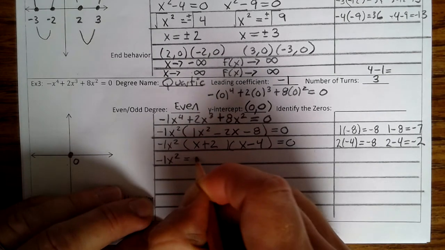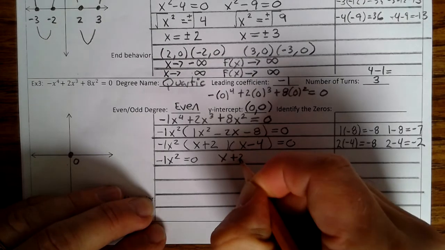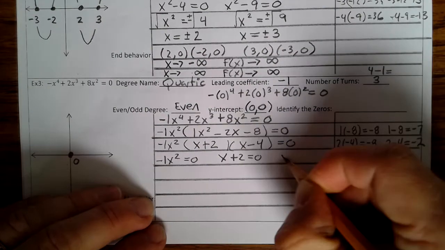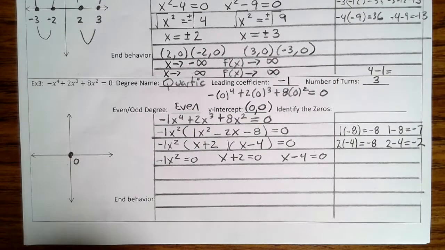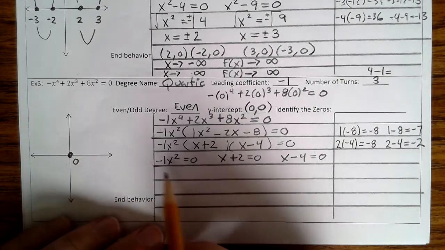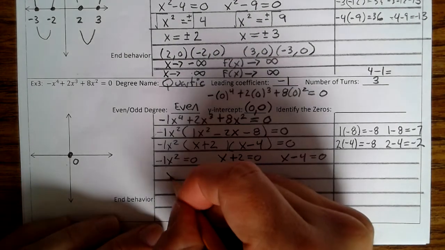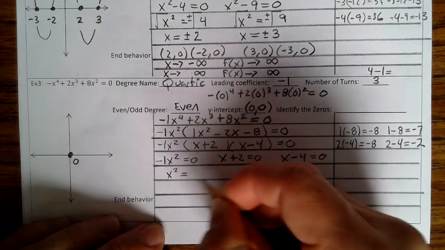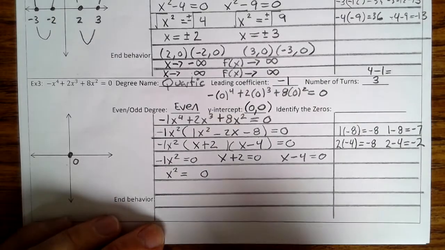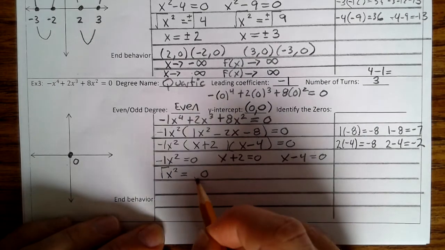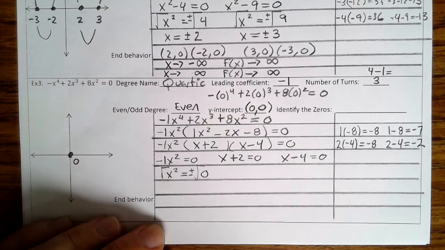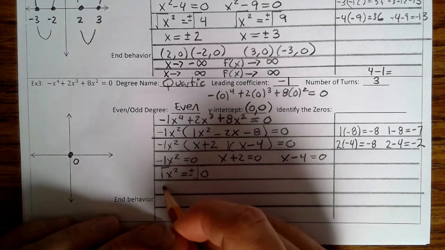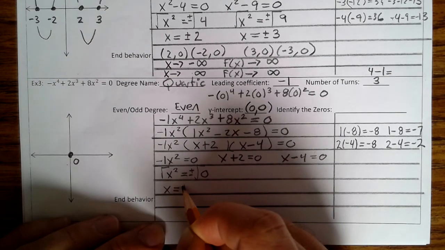Now, here we divide both sides by -1, so x squared equals 0. Take the square root, so that's plus or minus 0. So that's technically x equals plus or minus 0, which just equals 0, but since there's 2 of the zeros, that's multiplicity of 2.